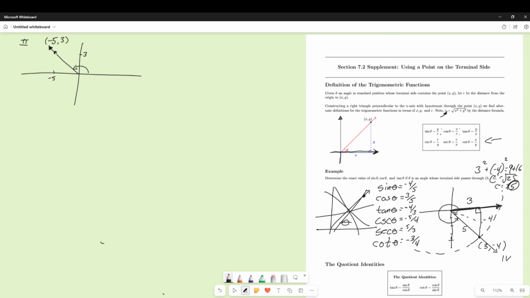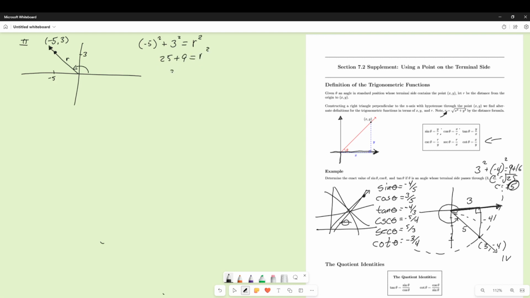Then if we calculate that radial length of the circle we can imagine there, -5 squared plus 3 squared has to equal the square of that radial length, which I should probably call r instead of c. Doesn't matter what we label it, but just for consistency. So 25 plus 9 is r squared.